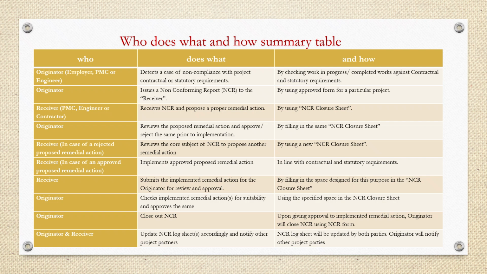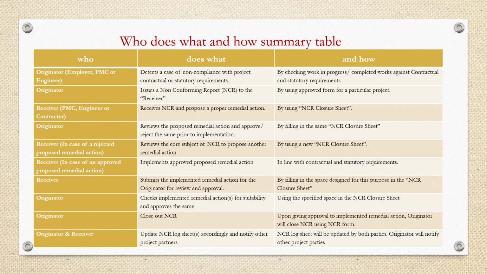Then the originator will issue a non-conformance to the receiver by using a proper form for the particular project. Receiver will receive the NCR and propose a proper remedial action by using the NCR closure sheet.